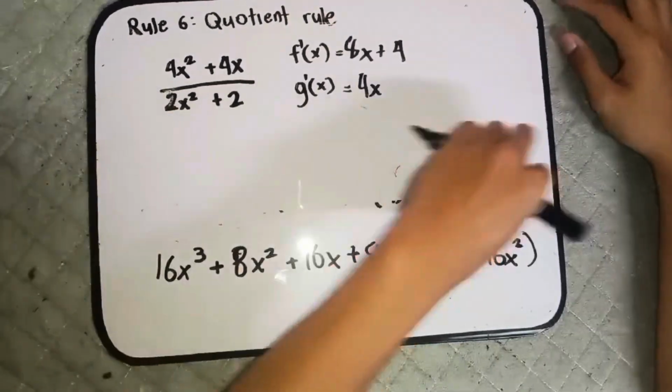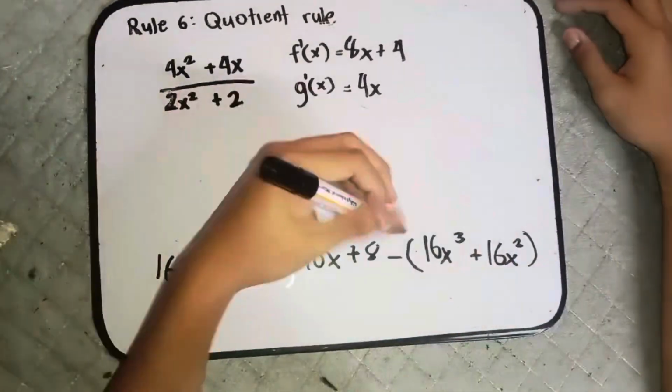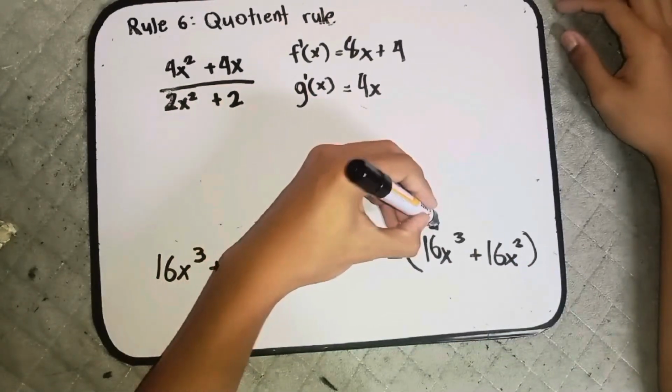Now, after that, we're going to distribute the negative symbol on all the numbers on the right side.